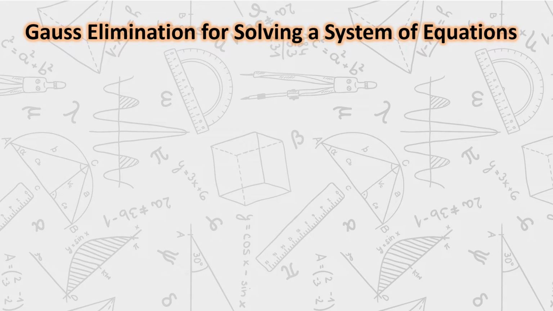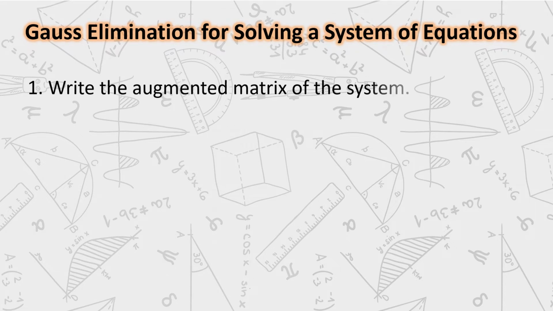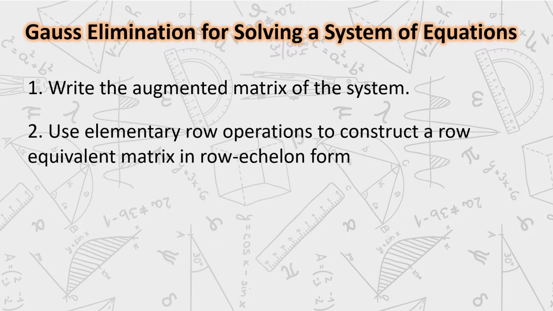This time, let us proceed to Gauss elimination for solving a system of equations. The following procedures may be followed in solving a system of linear equations in 3 variables or more using the Gauss elimination method. First, write the augmented matrix of the system.